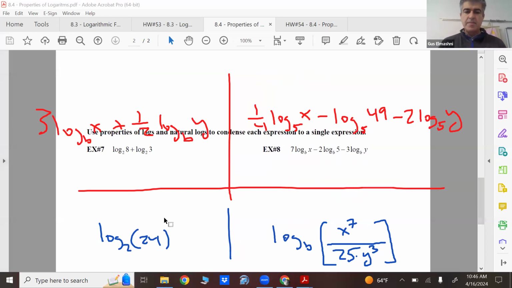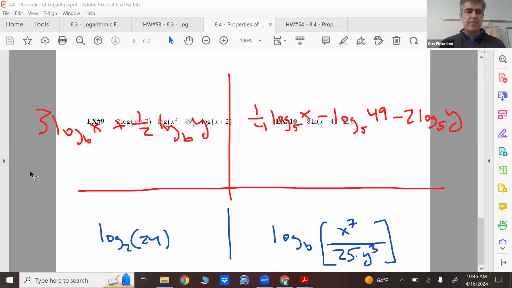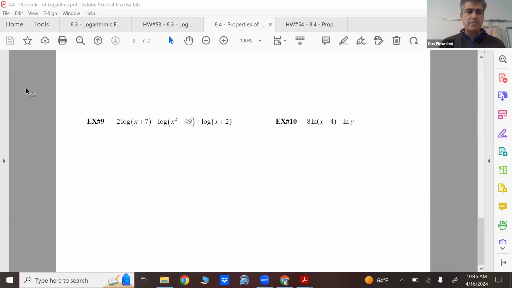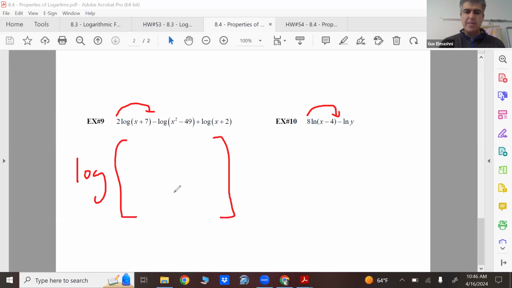All right, 2 more and we're done. Told you, it's very quick today. Move the 2 to the back. Move the 8 to the back. You have a minus and a plus. And by the way, if you don't see a base, what do you assume the base is? Yeah, exactly, it's common log. But I'm not going to write it. But if you have to evaluate it, it's good to know.